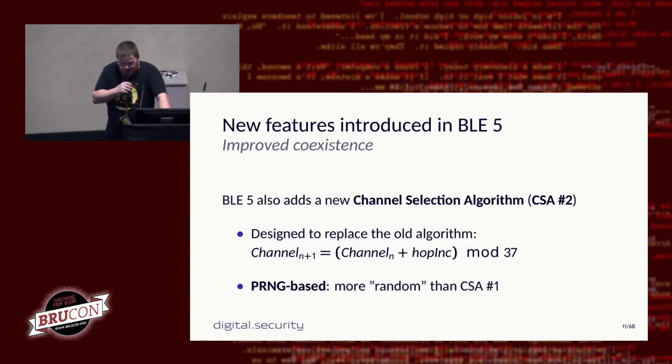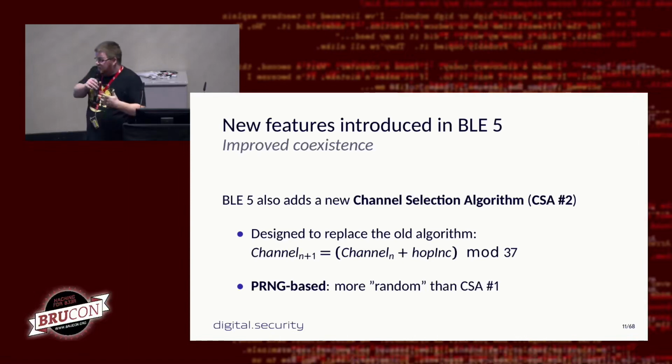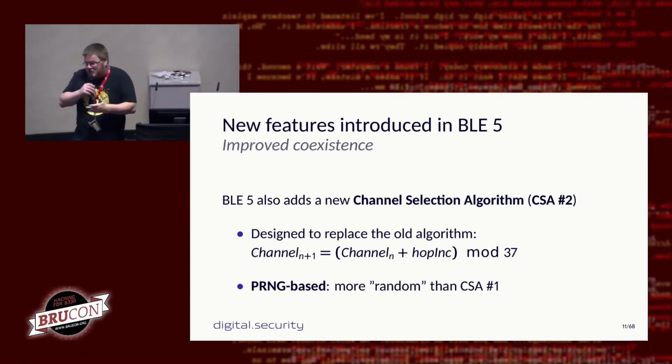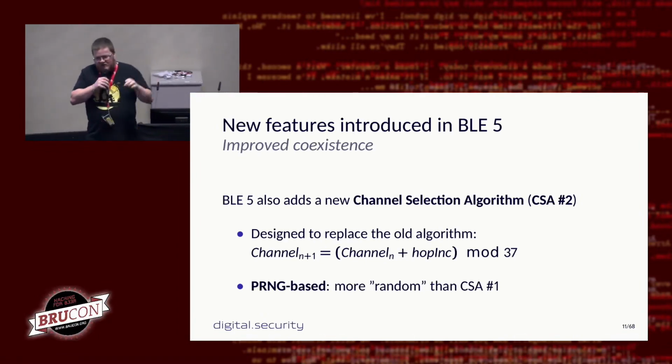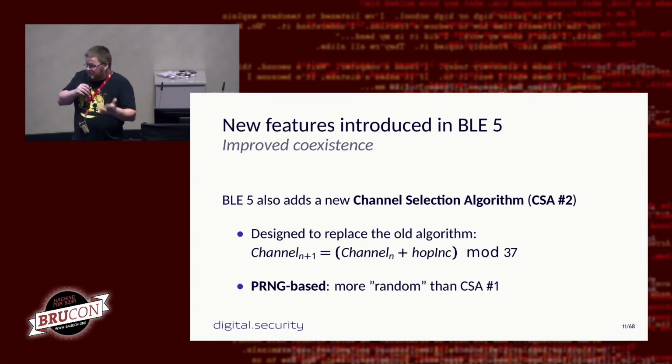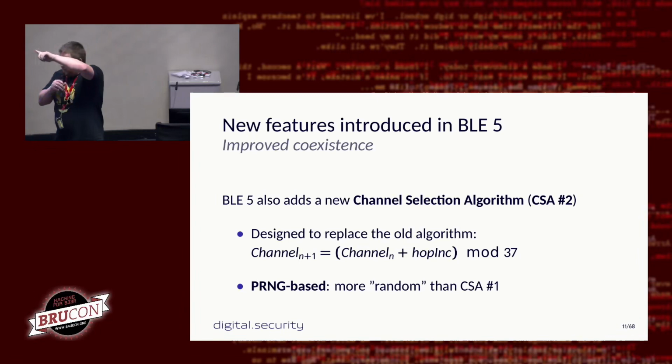The improved coexistence, this is the key point in my talk. Normally, when you are creating a connection with BLE4, you are using what's now called the channel selection algorithm number 1, which is the legacy one. This channel selection algorithm basically uses some kind of counter to compute dynamically the channel number you are going to use for the next hop. So we are going from one channel to another with this mathematical sequence.